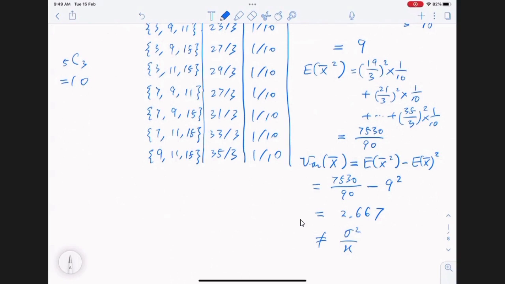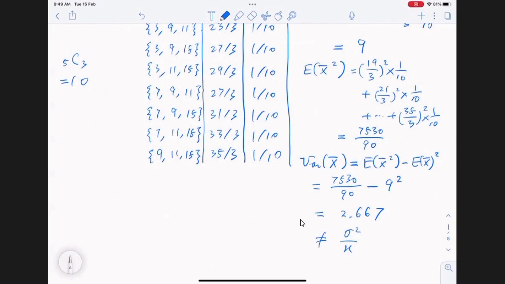You can check by finding the population variance and then calculating this. You will find that it is not equal to 2.667. Do you know the reason? Because we are drawing without replacement here. So is it n minus 1 you're dividing by? Would it be sigma squared over n minus 1?